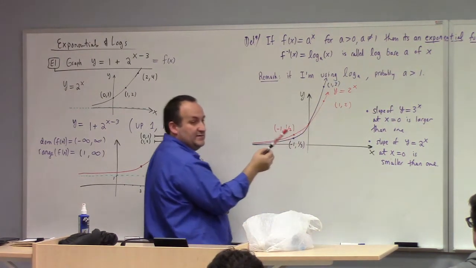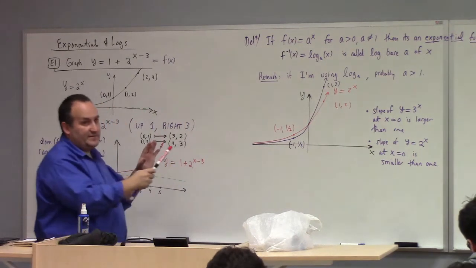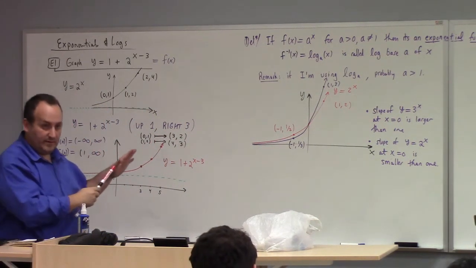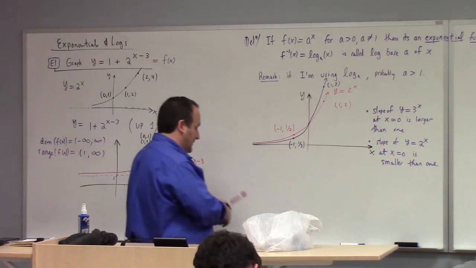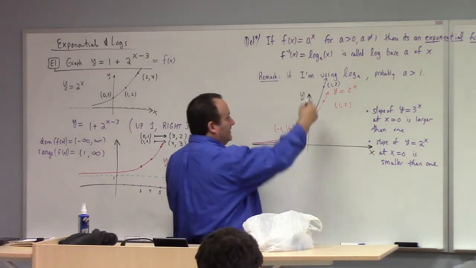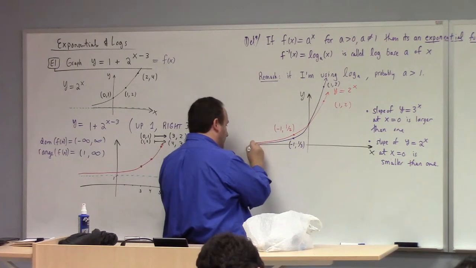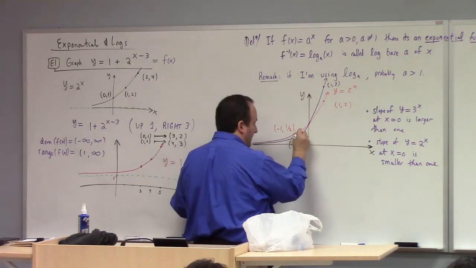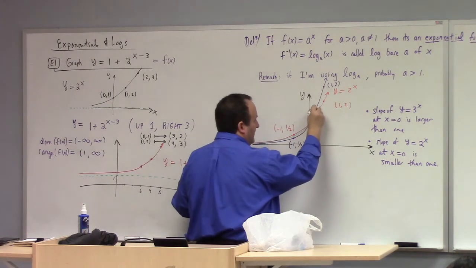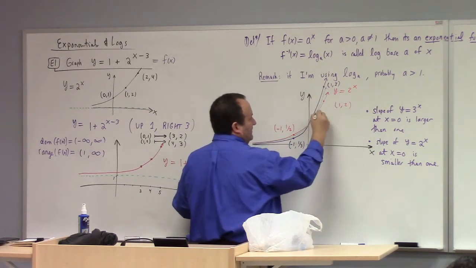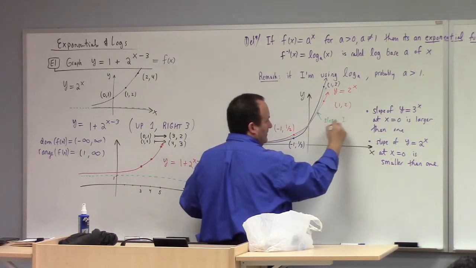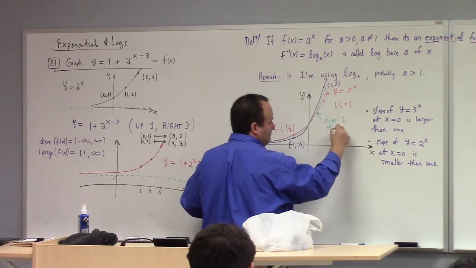What that means is that there is some choice of base between base 2 and base 3, which will have slope 1 as it goes through the y-intercept. There is something in between. There's a middle ground. I'll draw it in green, like so. If I was to carefully graph that, this guy has slope 1 at the y-intercept.